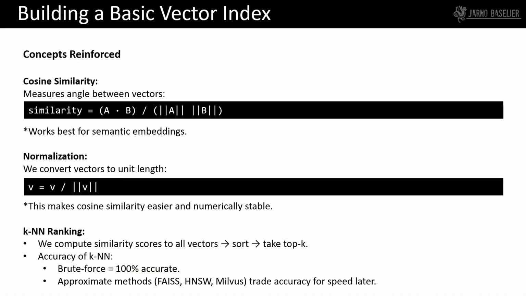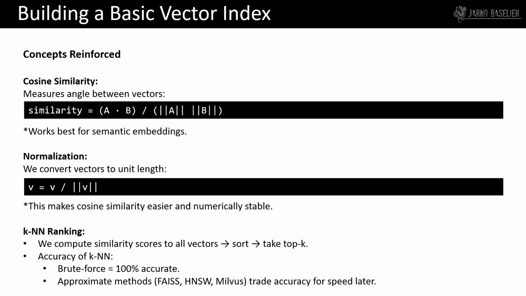So let's reinforce some concepts. Let's take another look at cosine similarity, which measures the angle between the vectors. We already know this, and this works best for semantic embeddings. That is something you already knew. So again, the formula where similarity equals a dot b divided by the norm of a times the norm of b. Then normalization, we convert the vectors to unit lengths. That's what we do there. And this makes cosine similarity easier and numerically stable.